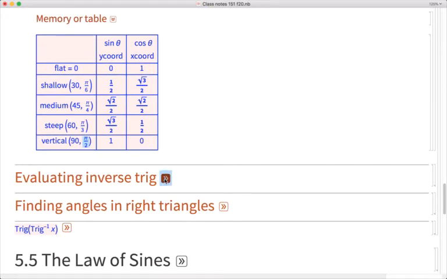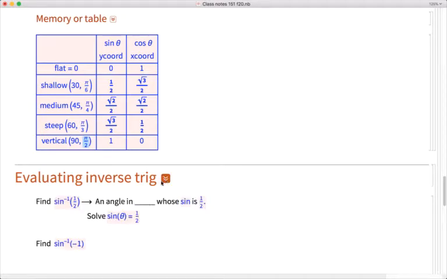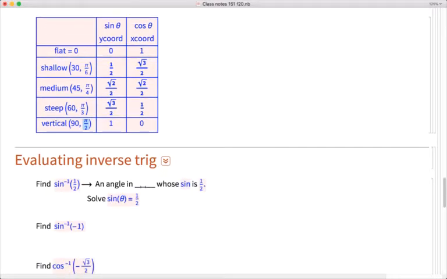All right, so we're going to try to practice evaluating some of these inverse trig functions by hand. So if you're asked to find the inverse sine of 1/2, again, what you want to think about in words is that this is supposed to be an angle in some interval, and for sine, the interval is supposed to go from minus pi over 2 to pi over 2, whose sine is equal to 1/2.